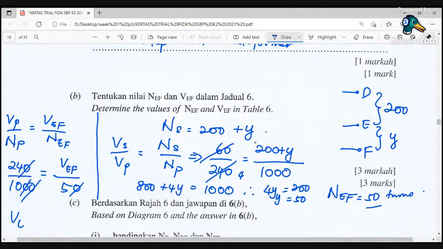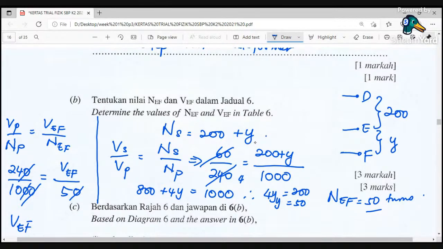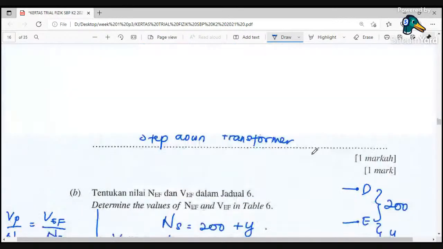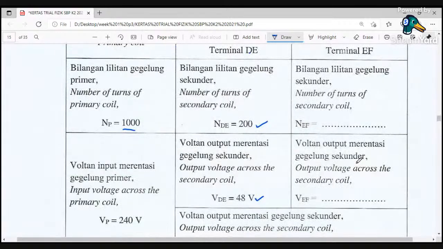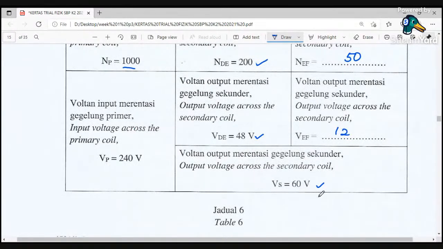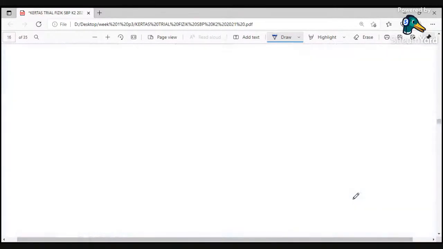So VEF is 12, and write in the table here the answer. And NEF is 50, VEF is 12 volt.